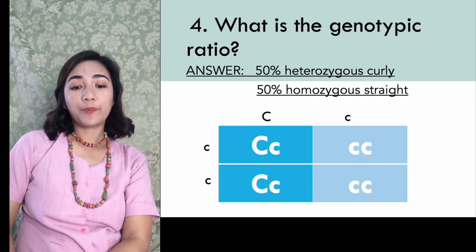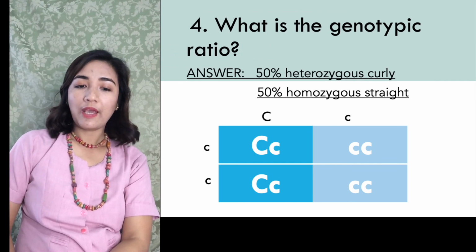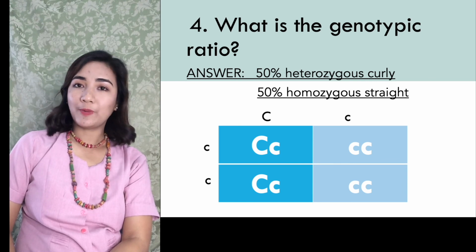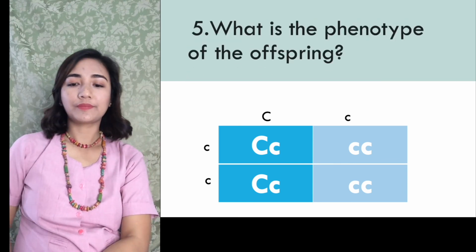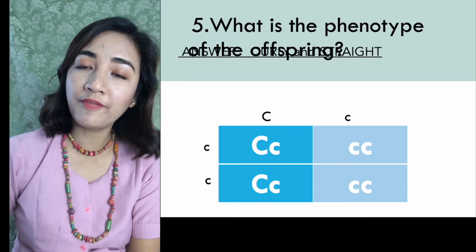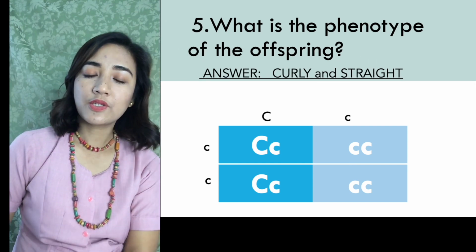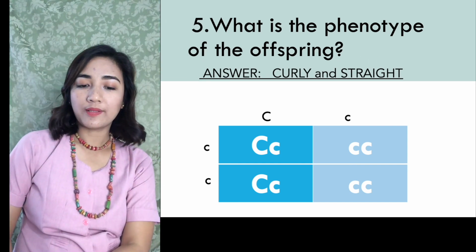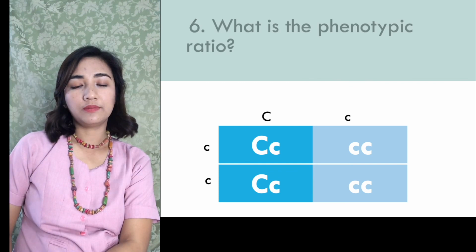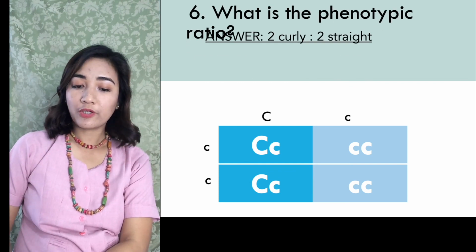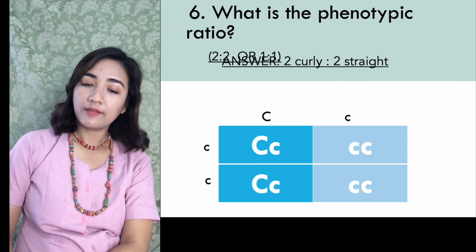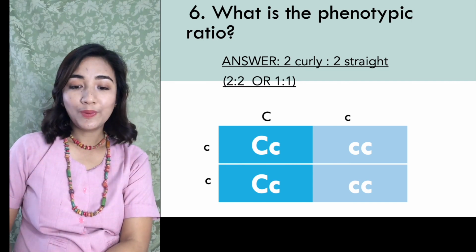It would be 50% heterozygous curly and 50% homozygous straight. What is the phenotype of the offspring? The answer is curly and straight. So what is the phenotypic ratio? 50% curly and 50% straight, or 2:2.